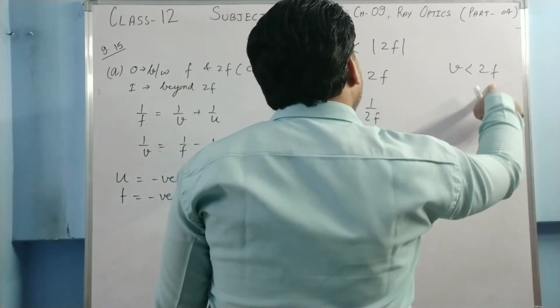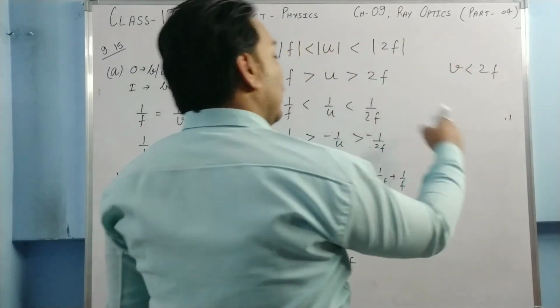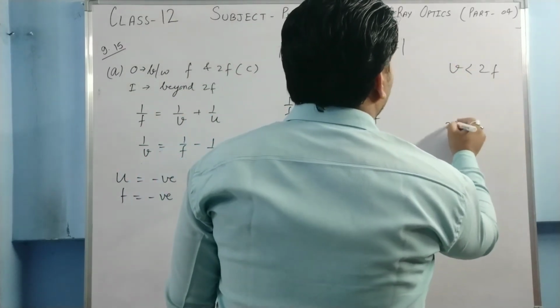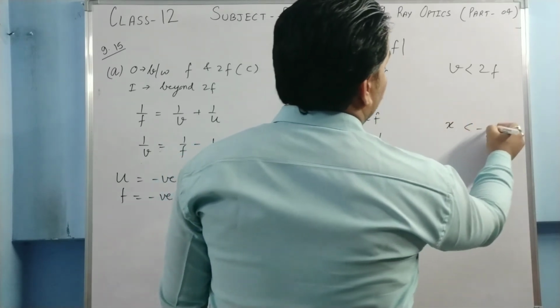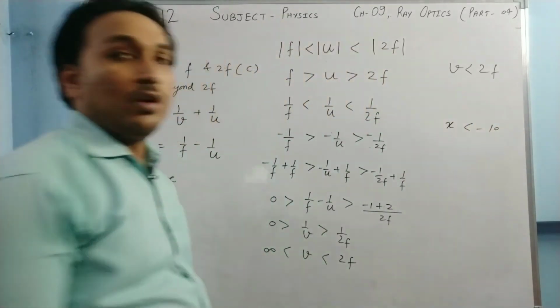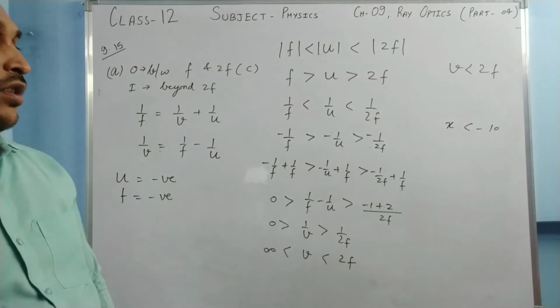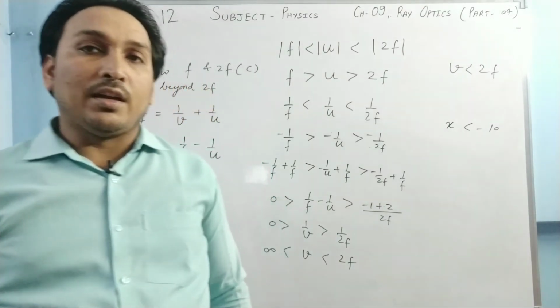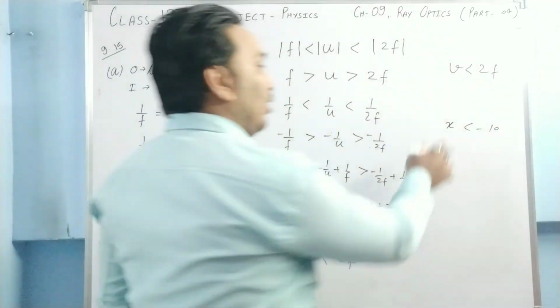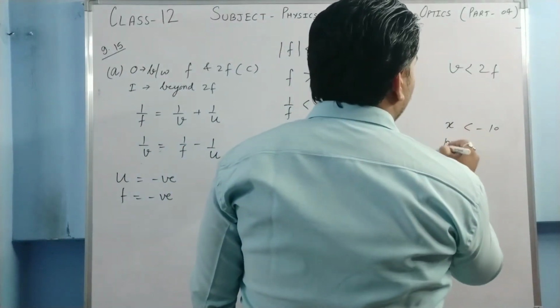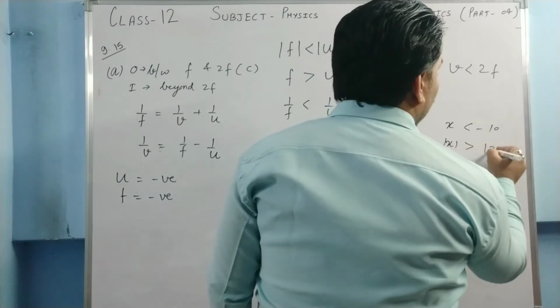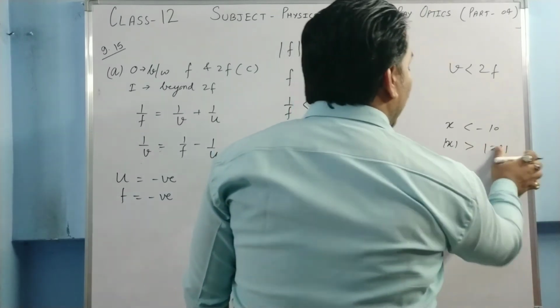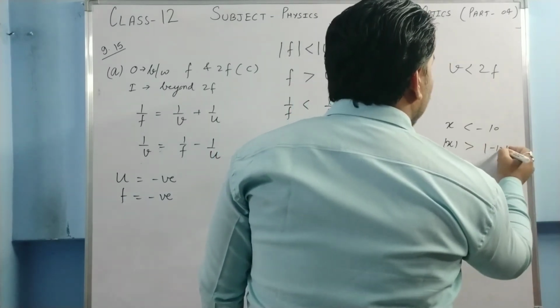Suppose I am writing a variable x which is less than minus 10. So what can be the values of x? The values of x can be -11, -12, -13, -14, -15, like that. So if I want to write magnitude, the magnitude of x is greater than the magnitude of minus 10. Will it be like this?